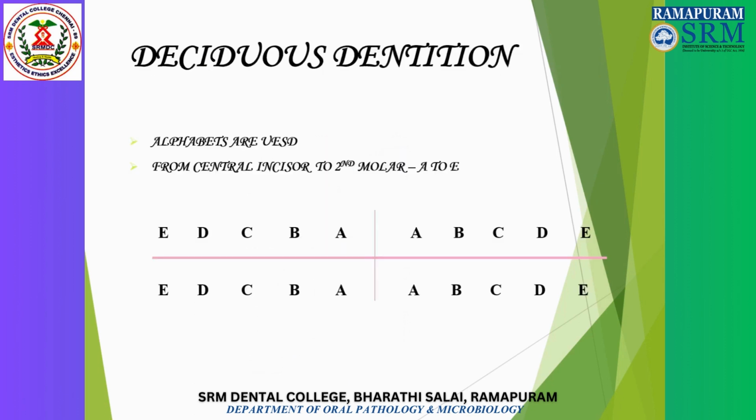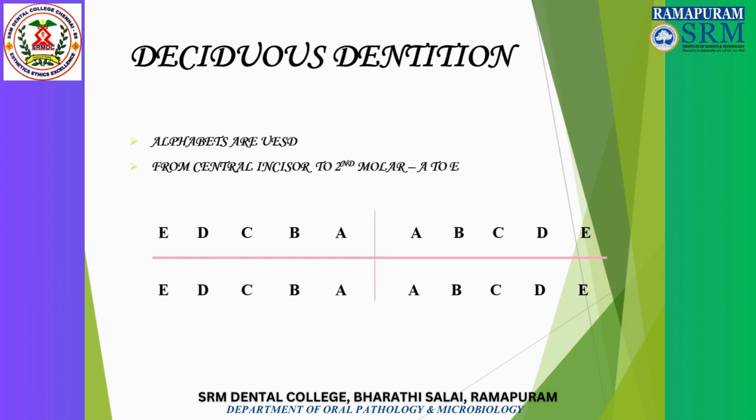In deciduous dentition, after dividing the quadrants, to designate the teeth we use alphabets. These alphabets start from the central incisor to the molar. For central incisor we give the alphabet A, lateral incisor is given as B, canine is denoted by the alphabet C, first molar is denoted by D, and the second molar E. This holds the same for all the quadrants, both in the maxilla as well as in the mandible.